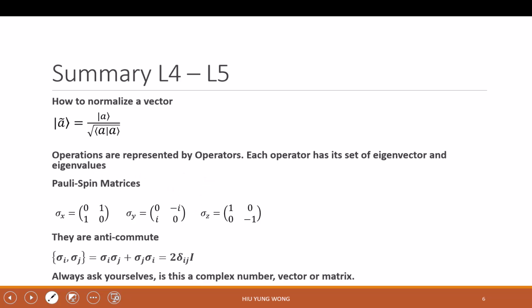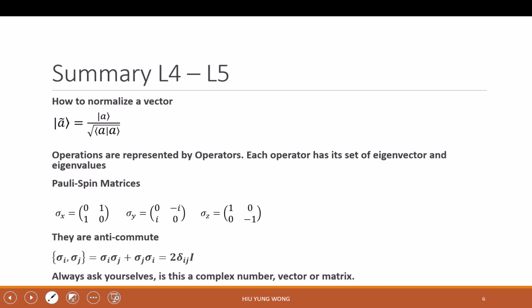Now what are these? Because if you have a matrix, you need to operate on the vector. Again, in physics, what is the meaning of a vector? What does it correspond to in physics? The state, very good, the state. And if you change the state, it means you change the vector.